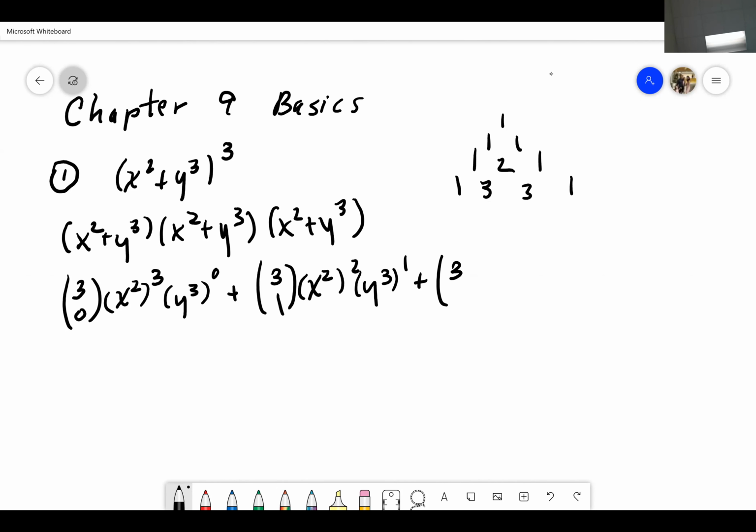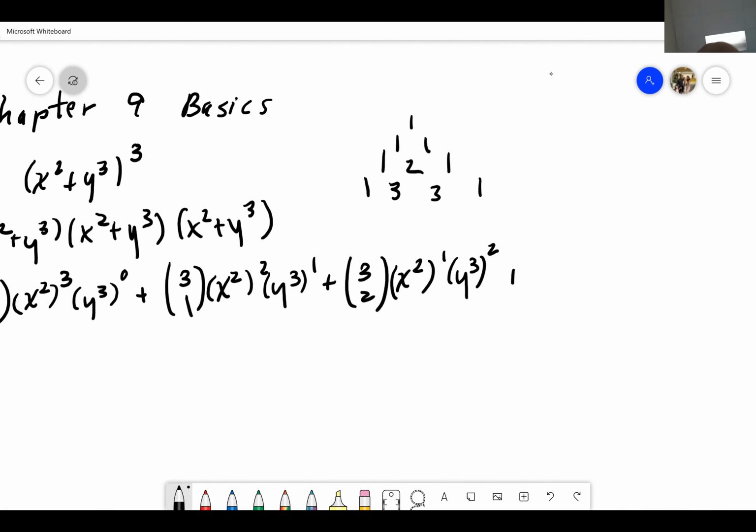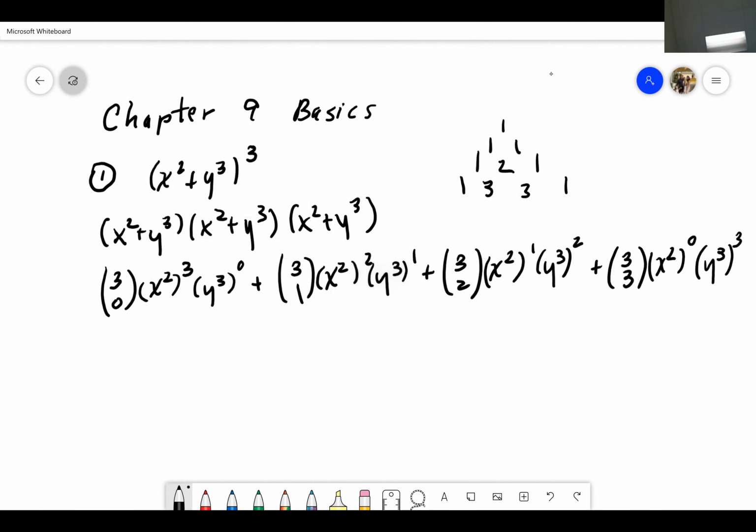Then you have 3, 2, x squared to the 1, y third to the 2, plus 3, 3, x squared to the 0, y third to the, ladies, come on, pay attention. Right, we know this, right?